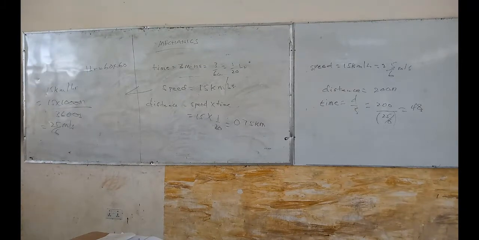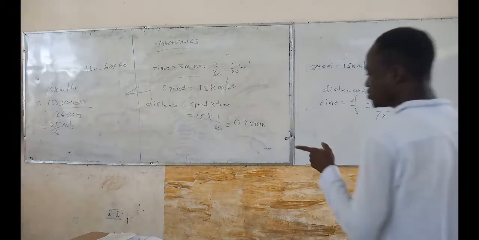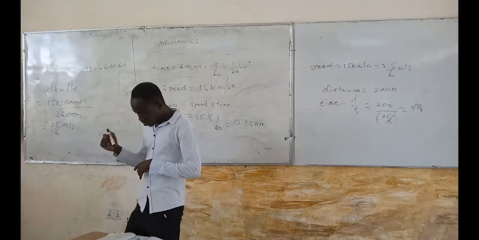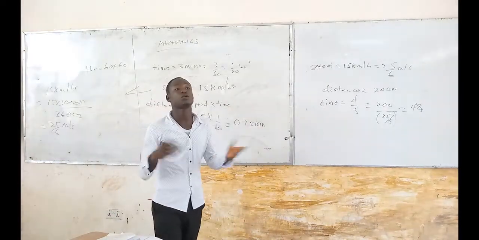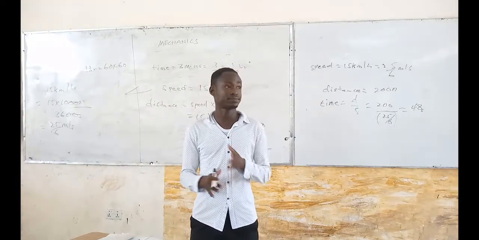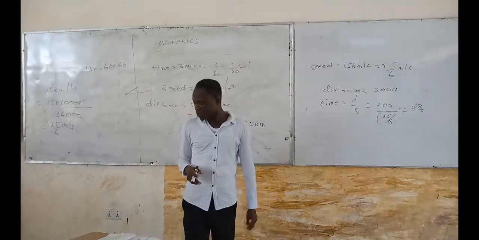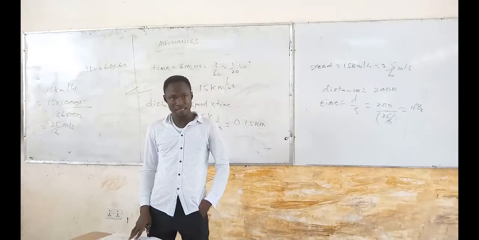But when you say uniform velocity in terms of speed and time, what will happen? It means we have uniform or constant velocity. That's what I want you to understand. So let's write this. It means that the body has a constant speed, and also the direction is constant.